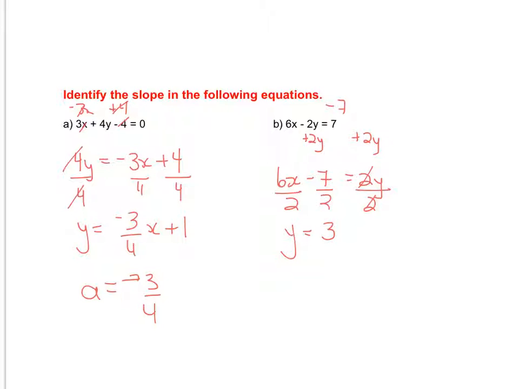So 3x minus 7 over 2, or 3.5. So our y-intercept goes through 3.5, and it has a slope of 3. That is my equation. This is the slope. Okay.